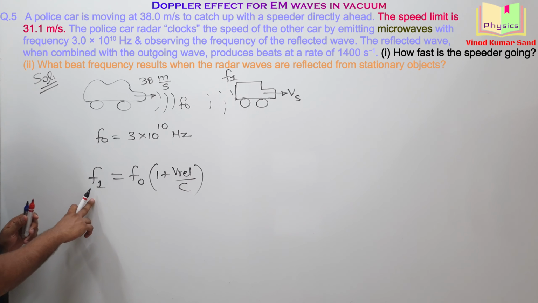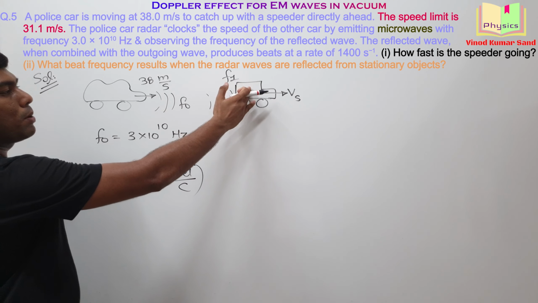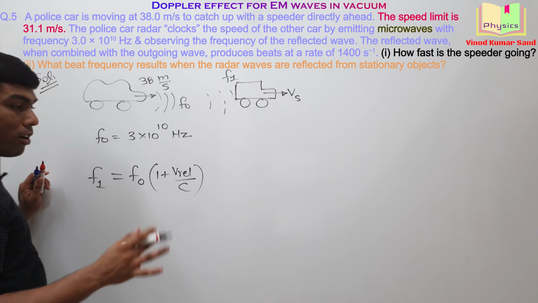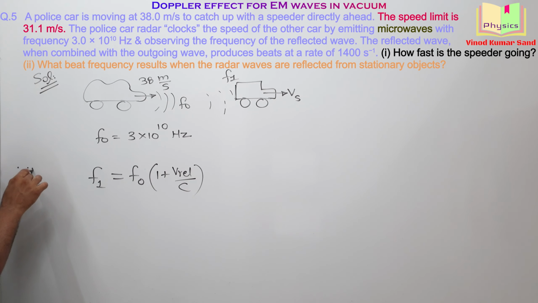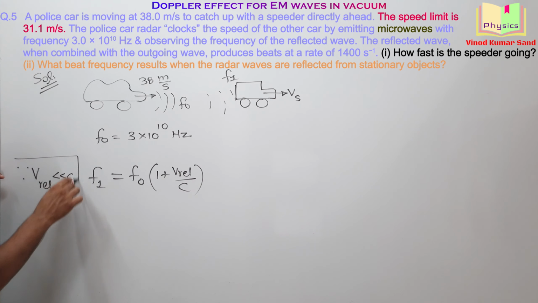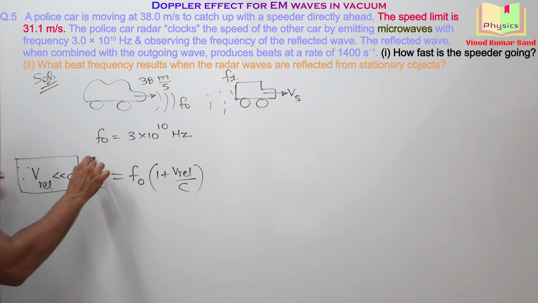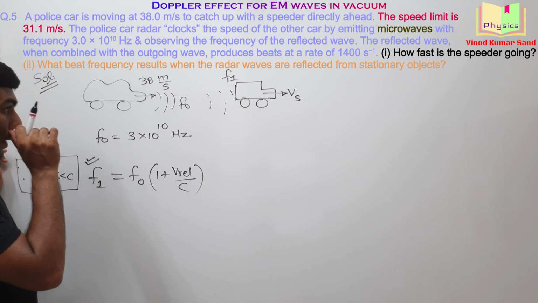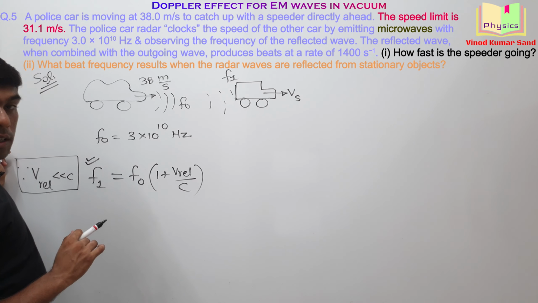And why have we used this formula? Obviously the speed of the speeder and the speed of the police car are much less than the speed of light. Since v relative is much less than the speed of light in vacuum, we can use these formulas. Got it? Now comes the second scenario.